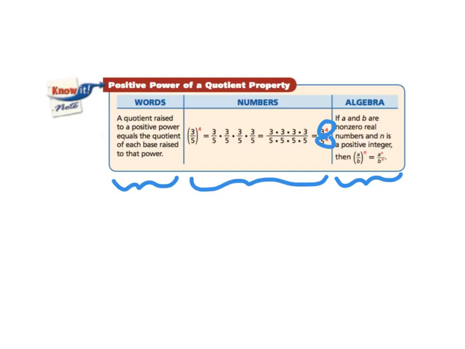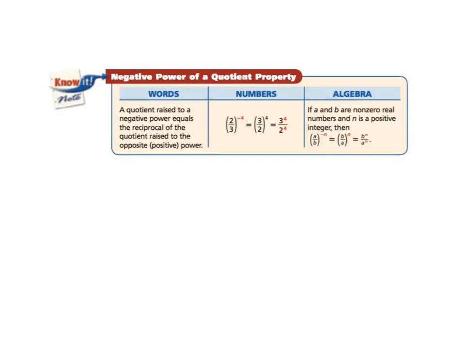Now, right after the positive power property, there's also a negative power property. And I'm going to show you that right now, and we'll see if we can make sense of that before I do the examples. So here's that negative power property.